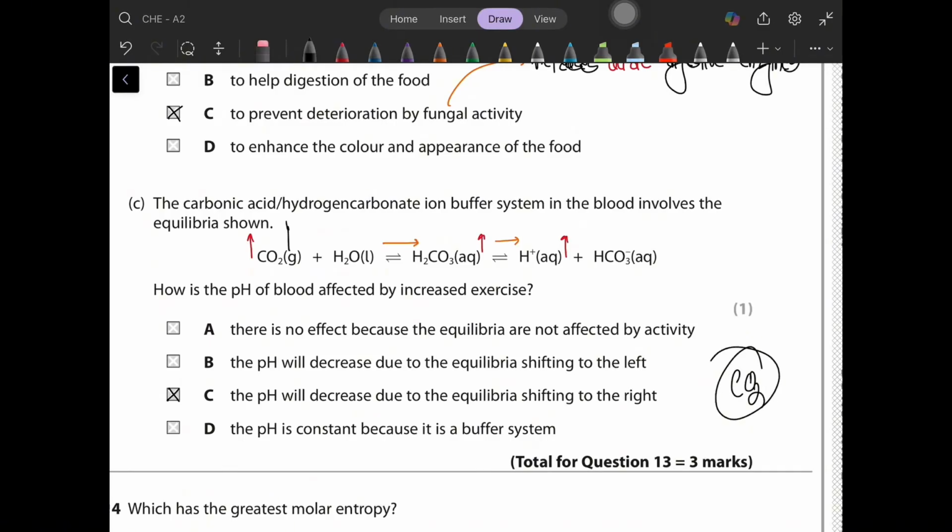So the concentration of carbon dioxide increases. As the concentration of carbon dioxide increases, equilibrium will shift to the right, and carbonic acid is produced. Carbonic acid dissociates to form H plus and HCO3 minus, and as H plus forms, the pH is going to decrease, right? So this is what I've written over here. The pH would decrease due to the equilibrium shifting to the right.